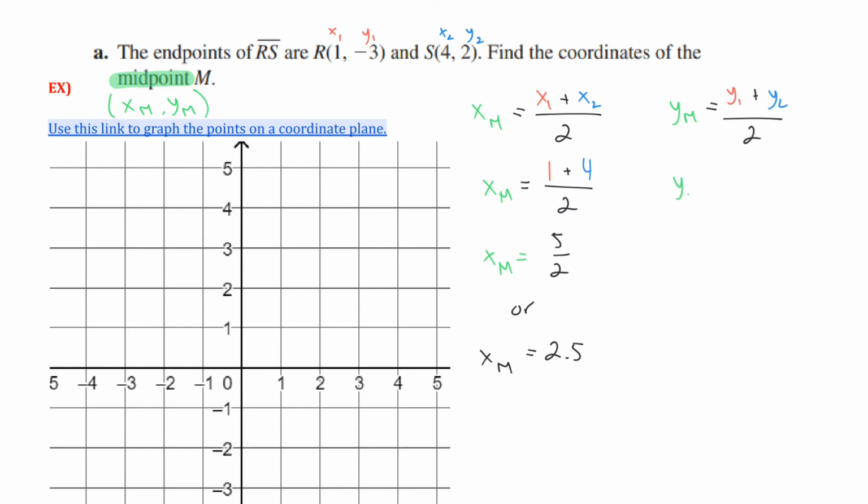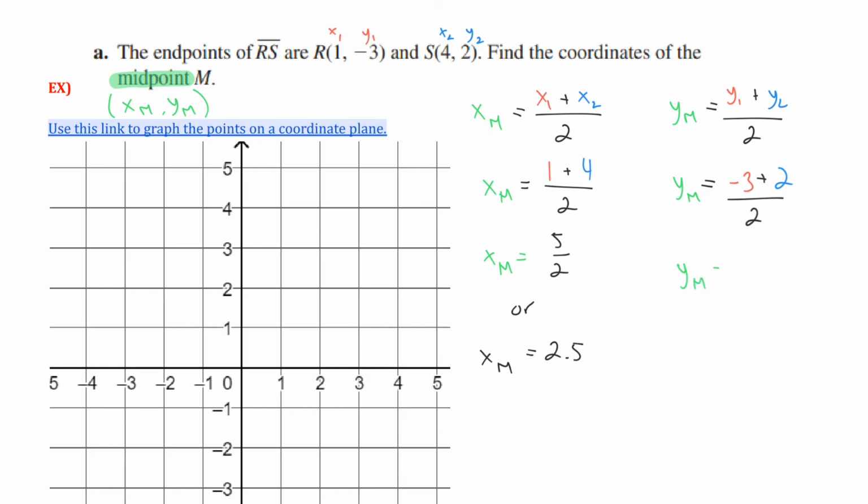So the midpoint coordinate for y is going to be equal to y1 is a -3, according to what we labeled right here. And we're going to go ahead and add y2, which is a positive 2. And all of this, again, gets divided by 2.